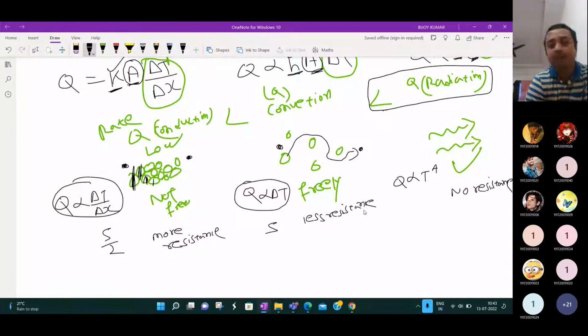Why? Because the molecules are freely movable. How will the heat transfer? Through the molecules. This molecule may travel from this direction to this direction. It can travel freely, the hot molecules or cold molecules. So the resistance will be less. In the case of vacuum or space, how much resistance will be there? No resistance.